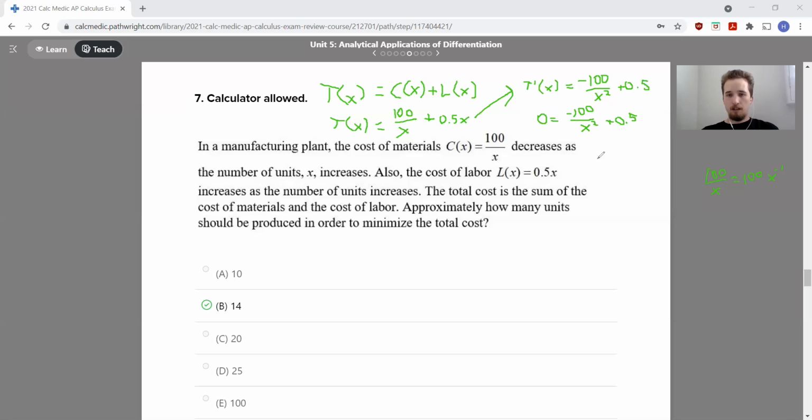Okay, and so we can subtract 0.5 over, multiply x squared over, and it equals negative 100. And then we can divide by negative 0.5 and we get x squared equals 200. And then we can square root both sides.